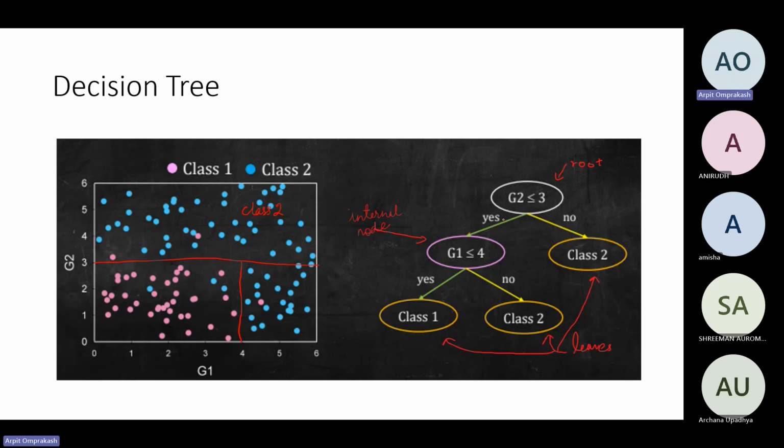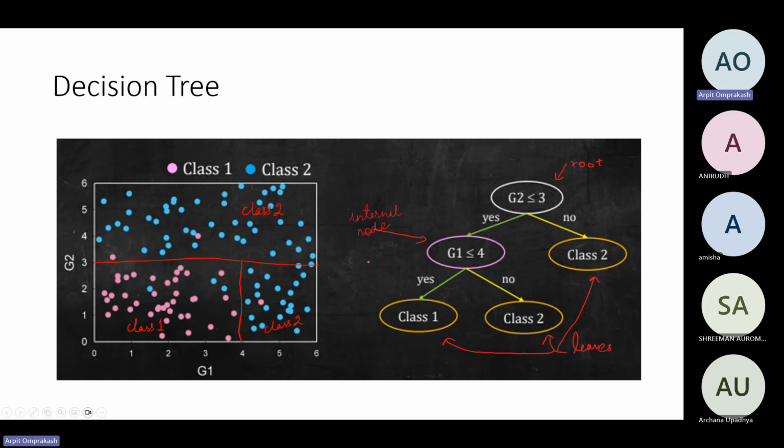This is basically a binary decision tree. So if G1 is less than or equal to 4 and the answer is yes, the model predicts class 1. Any point that falls here will be labeled as class 1. And if the answer is no, any point that falls here will be labeled as class 2.